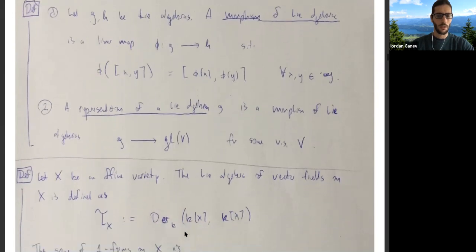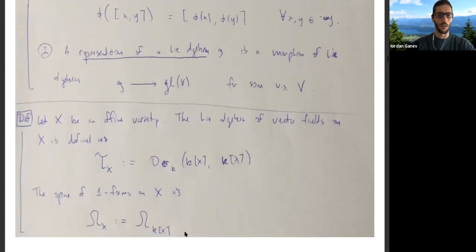Okay, so now let's relate things to a bit of geometry. So let's take an affine variety X. The affine variety has an affine algebra of functions, k[X], and we can think about vector fields on X. So vector fields are defined as derivations from the affine algebra to itself, so derivations from k[X] to k[X].